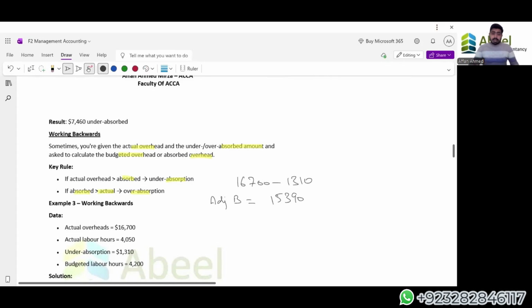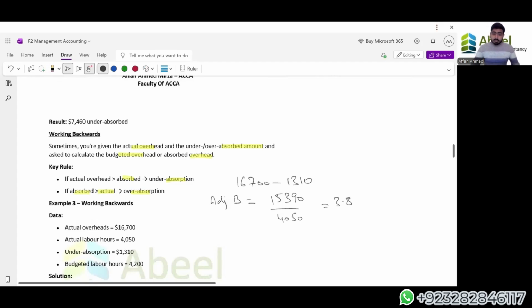Now I need to get to the budget that I had originally. To do that, I need to divide it by my actual units to get my OER. So I'm working backwards here. Okay, my OER comes to 3.8.